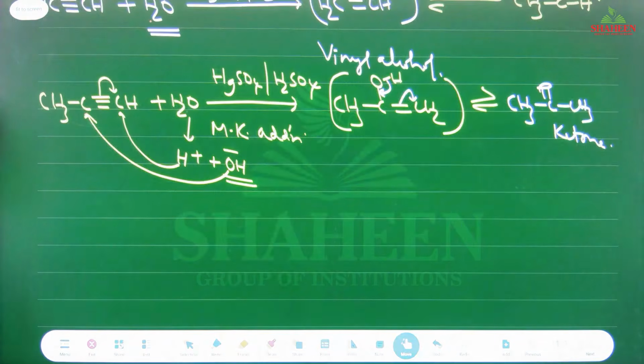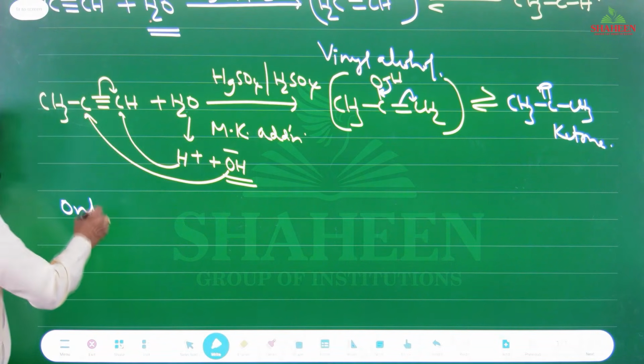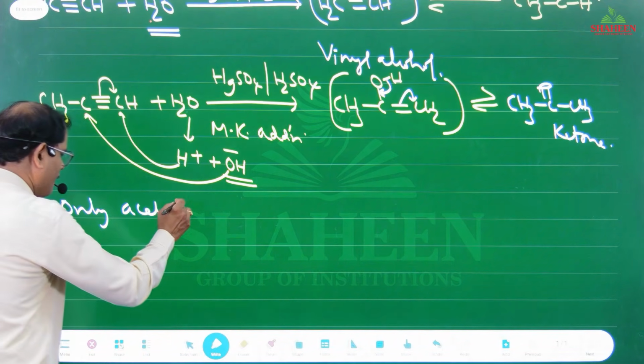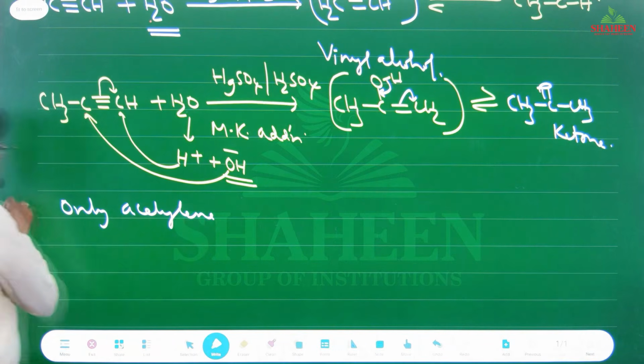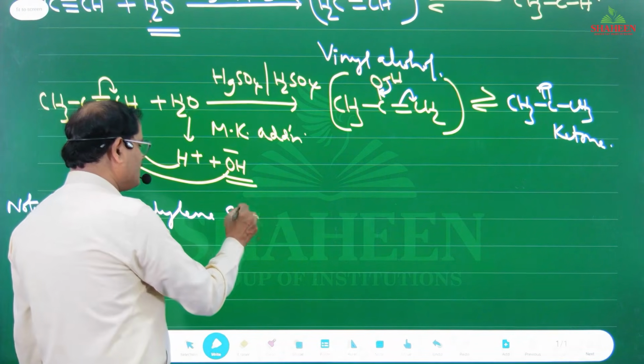So in this way, we can prepare ketones and aldehydes from alkynes. Here only acetylene can give an aldehyde. In this reaction, only acetylene gives an aldehyde.